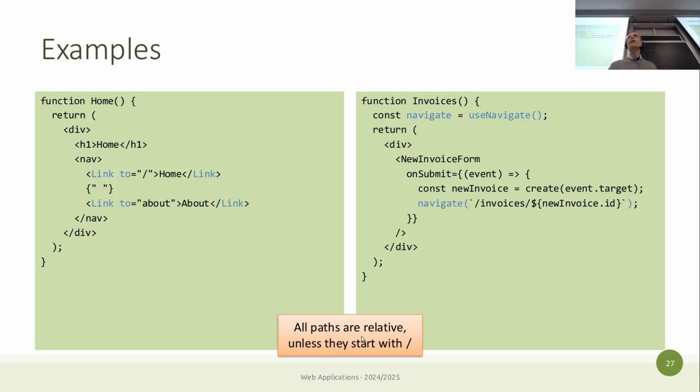Just be careful that the paths that don't start with slash are relative. Depending on the URL in which you are. So it's up to you to decide if you would like to always use absolute paths, relative paths, and so on. Just be careful. I mean, test them. Test all of them.